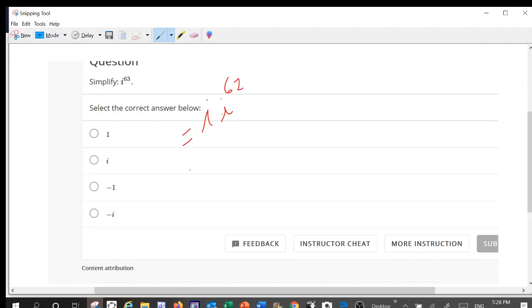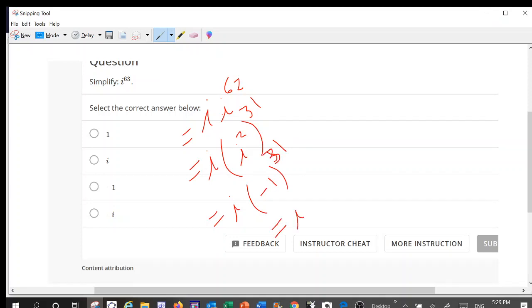So now we're going to keep the i, and then i to the 62, we're going to write it like i to the second and then to the 31. Now we know i to the second is negative 1, and this would be i. Now what's negative 1 to the 31st power? It's negative 1, and negative 1 times i is negative i. So the answer is negative i in this one.